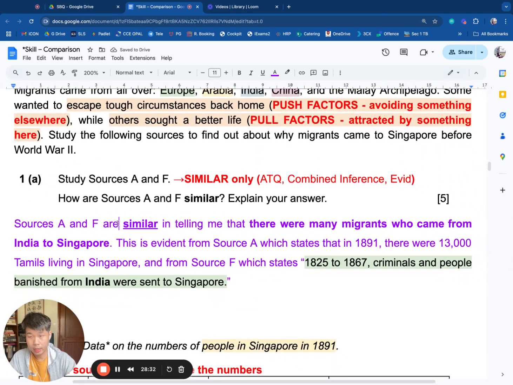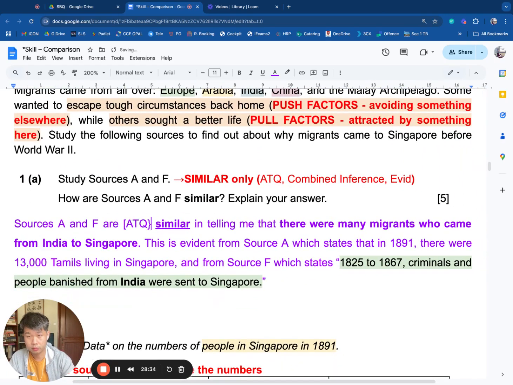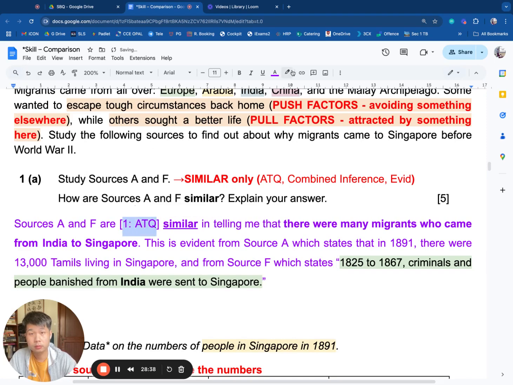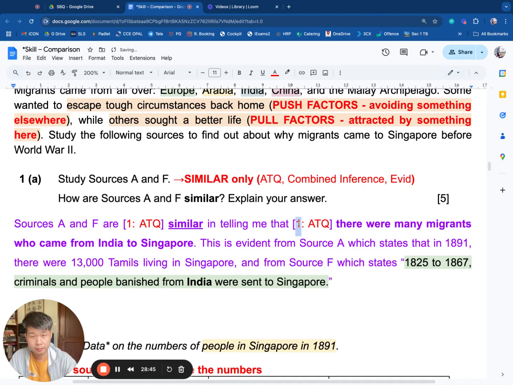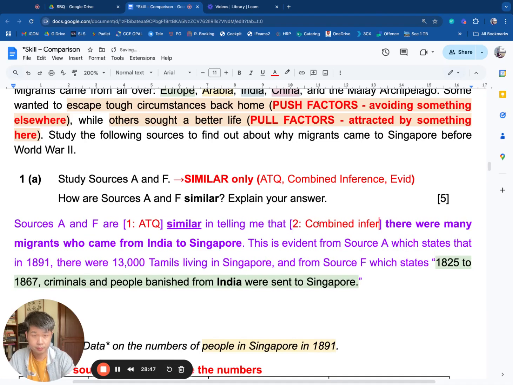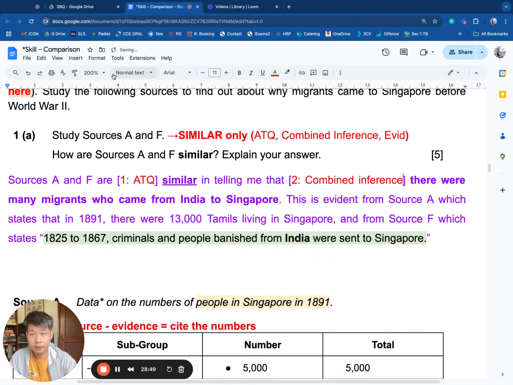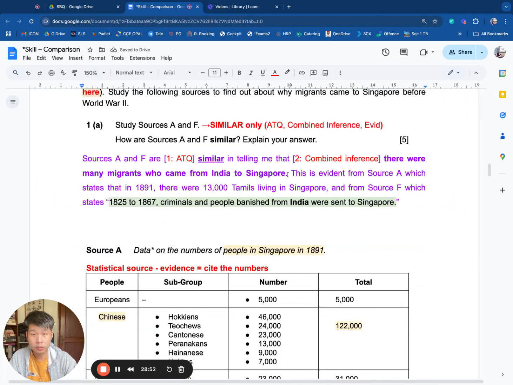So I have done my ATQ. I've done my combined inference. And I've gotten my evidence from both sources.